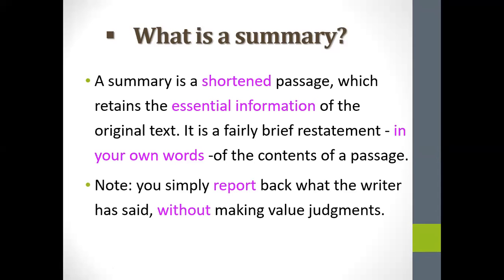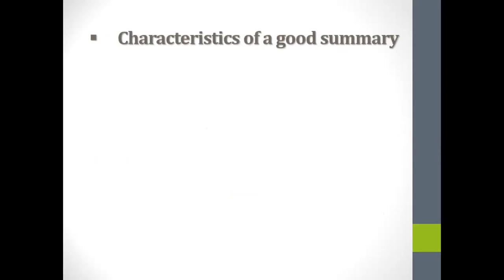So simply, it's to report back what the writer said without making value judgments. Value judgments here means your opinion, your emotion, your evaluation, your ideas. I'm sorry, keep all of them away. We just care for what the writer said. The summary, how does a good one look, how do we know it?